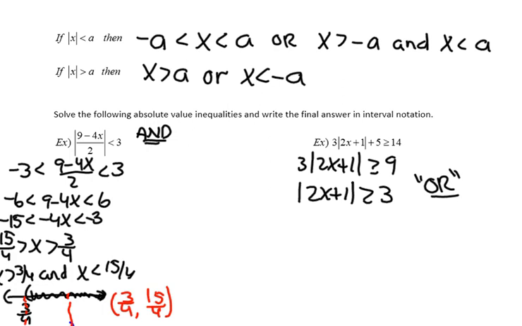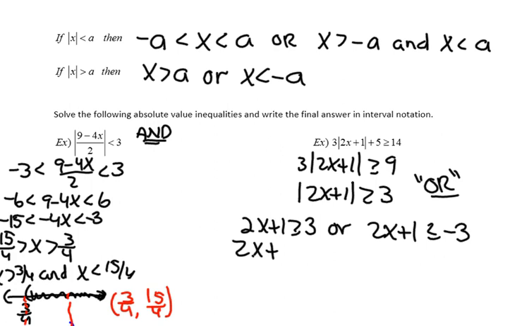So I'm going to rewrite it as 2x plus 1 greater than or equal to 3, or 2x plus 1 is less than or equal to -3. Solve each inequality. X is greater than or equal to 1.